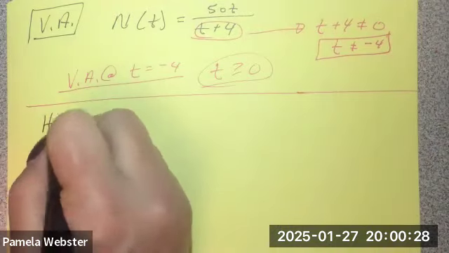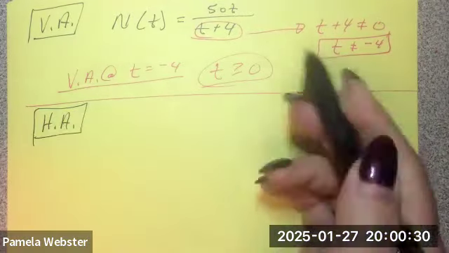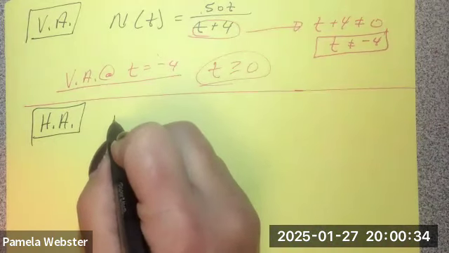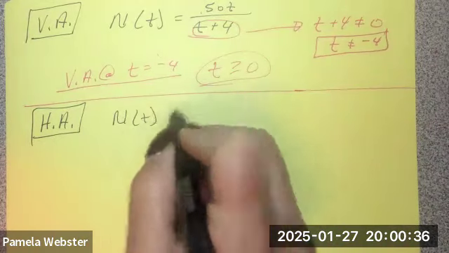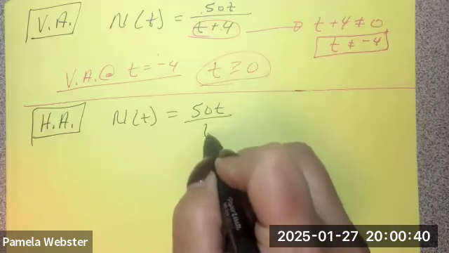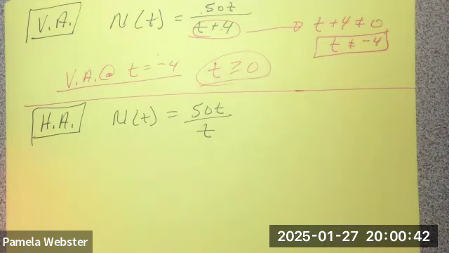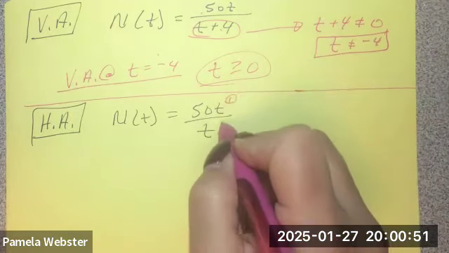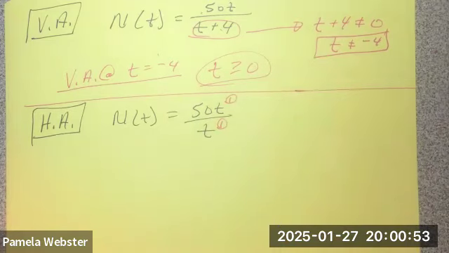Horizontal asymptotes. Okay. Again, we're looking at this guy. Let me pull it apart. We don't care about this +4 guy. What we care about is the 50t on the top and the t on the bottom. Okay. What do we think about that? What are our exponents? T to the first here, t to the first there.